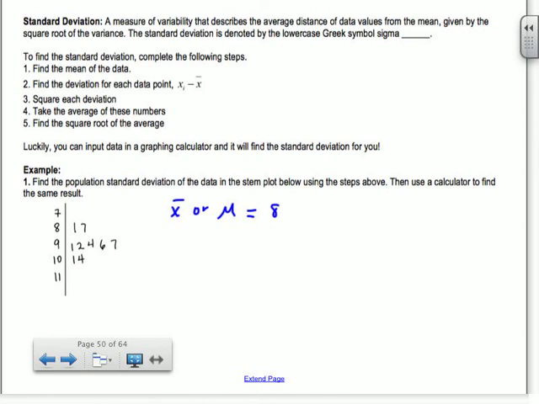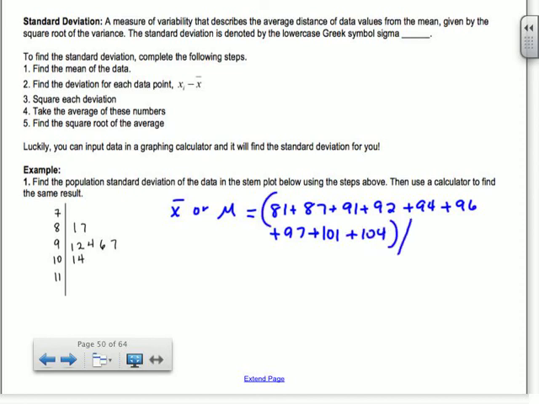Do you guys see where I'm getting these numbers? 94, so like 81, 87, 91, 92, and so on. So 94, 96, 97, 101, 104. Add them all together, divide by the number that we have. So we have 1, 2, 3, 4, 5, 6, 7, 8, 9 numbers.